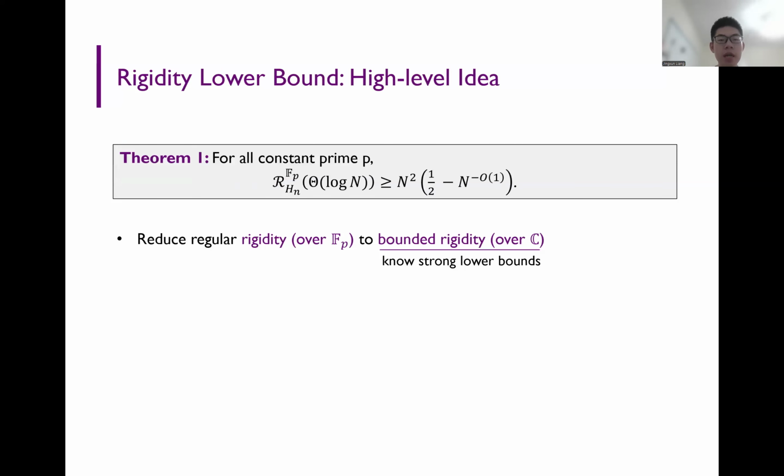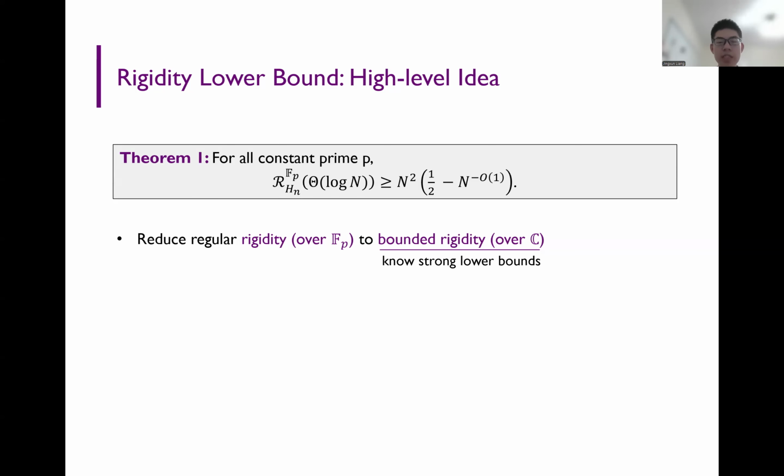So finally, let me briefly outline our main ideas for proving these two theorems. The main idea of proving our rigidity lower bound is reducing it to bounded rigidity over the complex field.